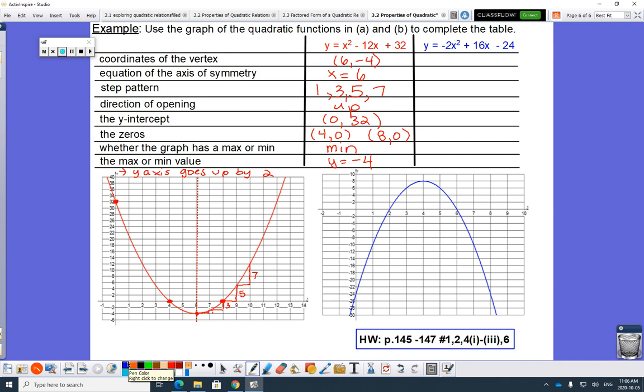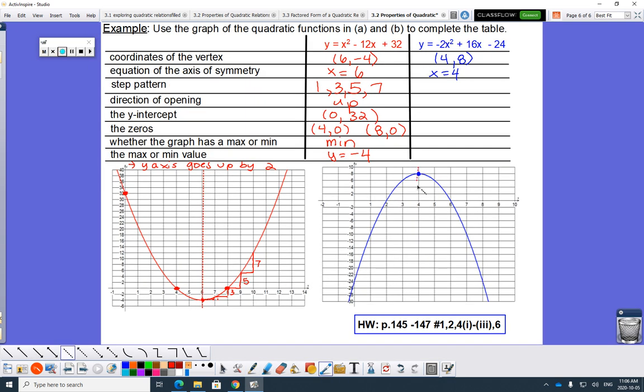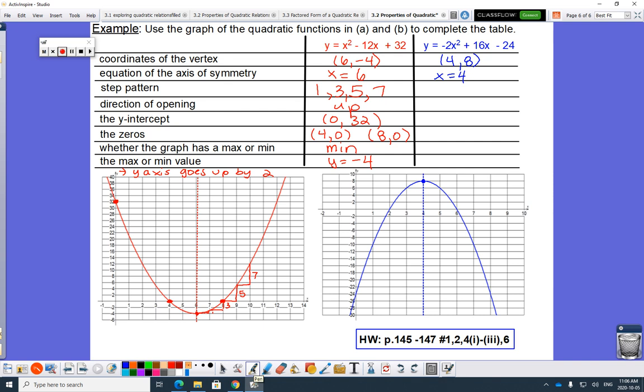Okay, so same thing. Let's look at the graph. This one is 4 and 8. So you can look at the line or look at the x value, whichever you prefer. I'm going to skip the step pattern for a second. You can see that it opens down.